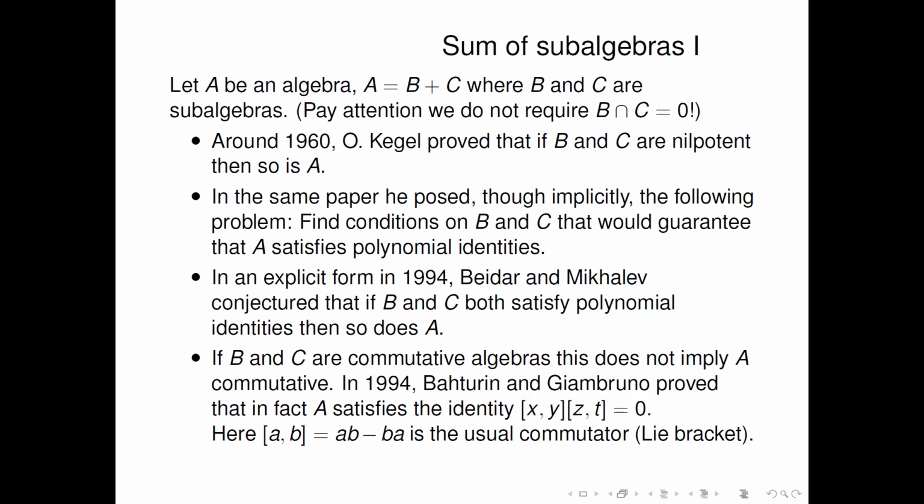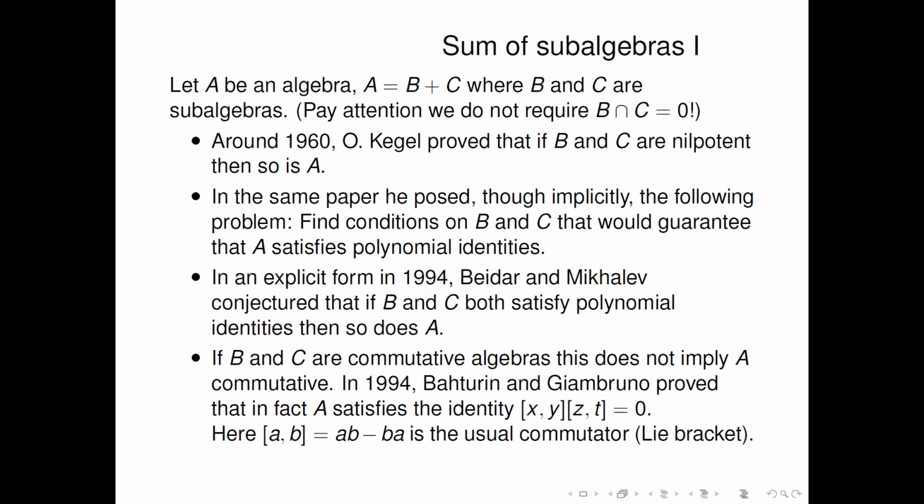And explicitly in 1994, Beidar and Mikhalev conjectured that if B and C both are PI, then so is A. But let us recall, if B and C are commutative associative algebras, this does not imply their sum A is commutative.